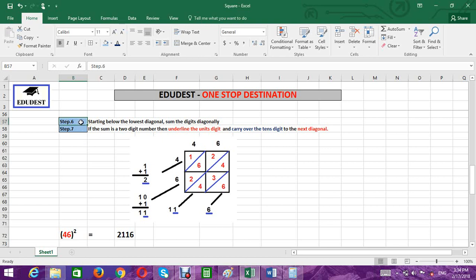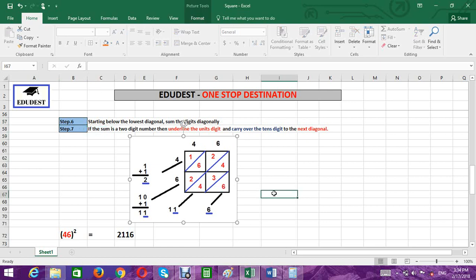According to step 6, starting below the lowest diagonal, sum the digits diagonally. That means from this point we need to start summing the digits diagonally.